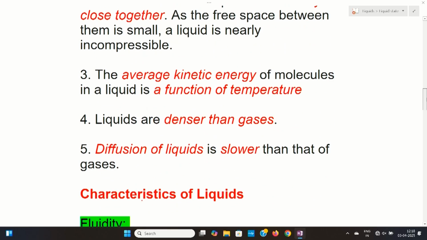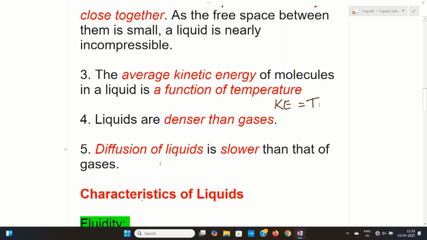The third property is that the average kinetic energy of liquids is a function of temperature. That means the kinetic energy KE is a function of temperature. The fourth property is that liquids are denser than gases. That means in a unit volume, there are more molecules in liquids than gases.